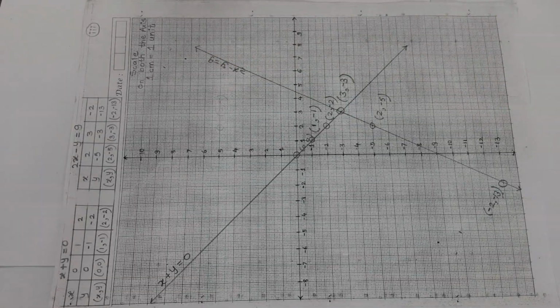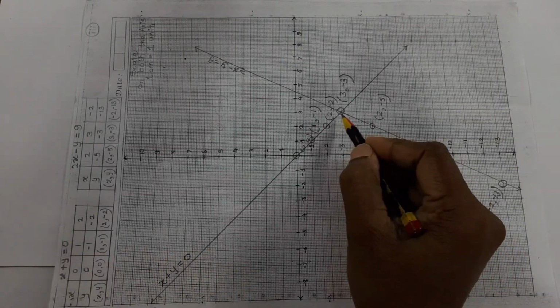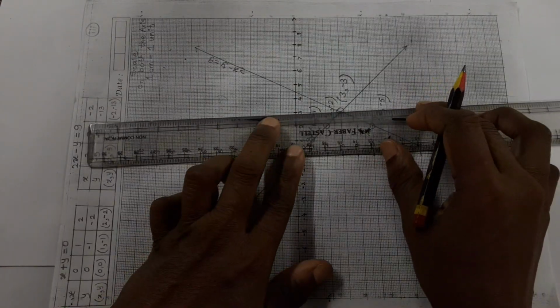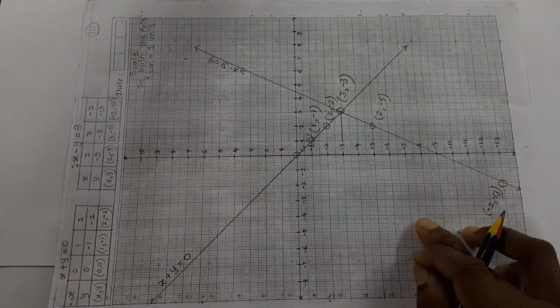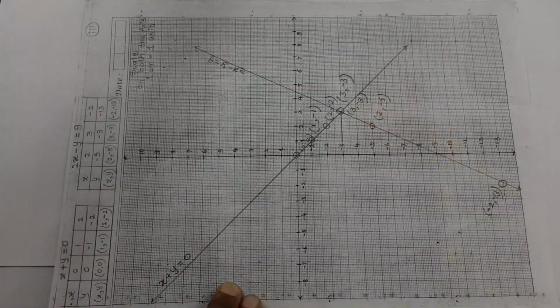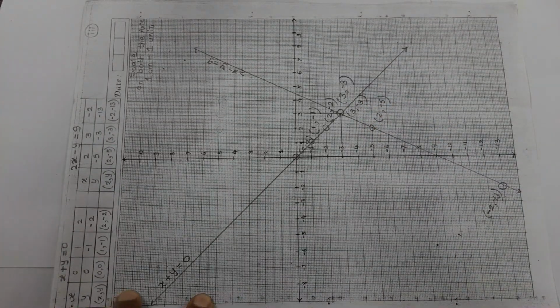So now here students, this is the intersecting point of these 2 lines. The coordinates of the intersecting point are (3, -3). So I write down here (3, -3). So now here students, the solution of these simultaneous equations is (3, -3).